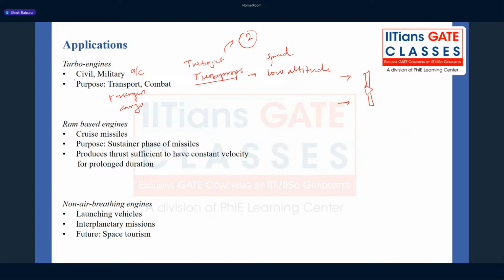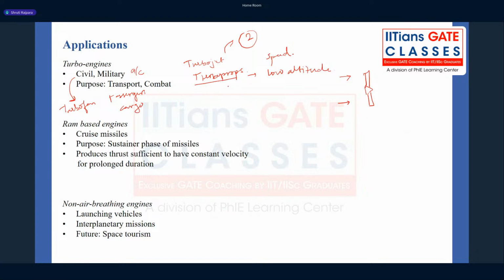Whereas civil aircraft, you must have seen when you traveled in an aircraft, have huge fan blades present at the start of the engine. So these are basically turbofan engines. They have a huge fan at the beginning, then a compressor followed by the rest of the components.